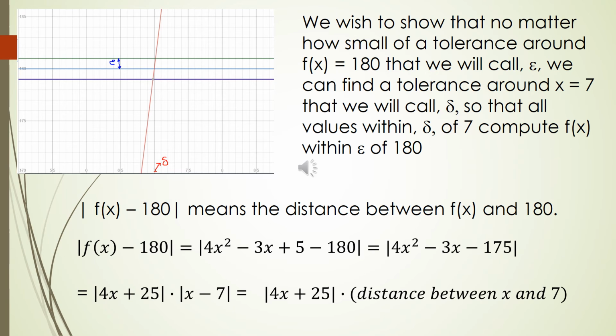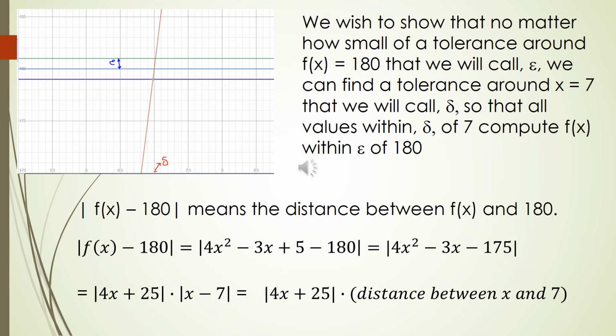You can factor that polynomial as 4x plus 25 times x minus 7, and the absolute value of a product is the same as the product of the absolute value of the factors. So I can break that up as the product of those two factors in absolute value. So we have the absolute value of 4x plus 25, and we just got done saying that absolute value really means distance. So the absolute value of x minus 7 means the distance between x and 7.